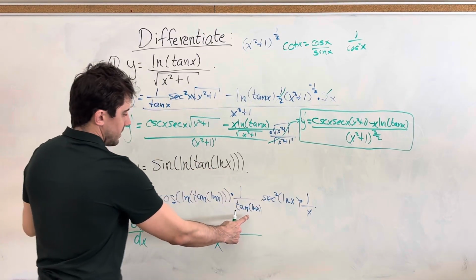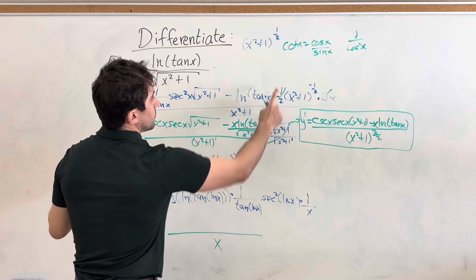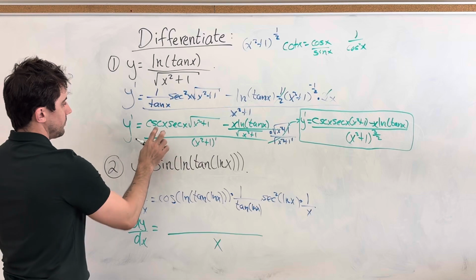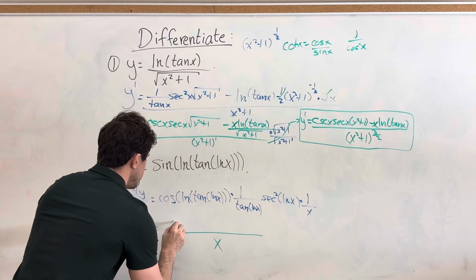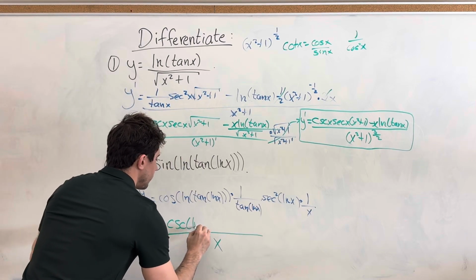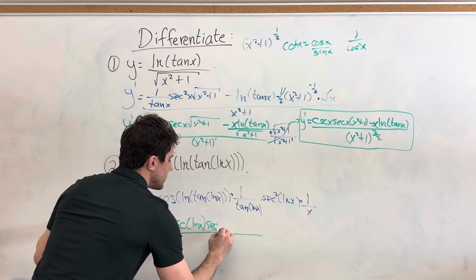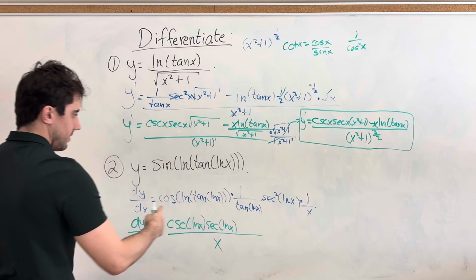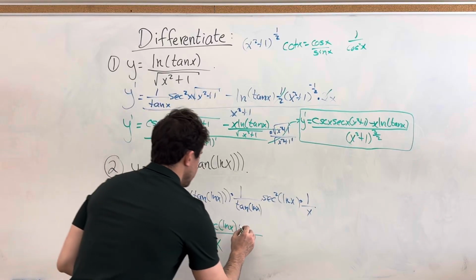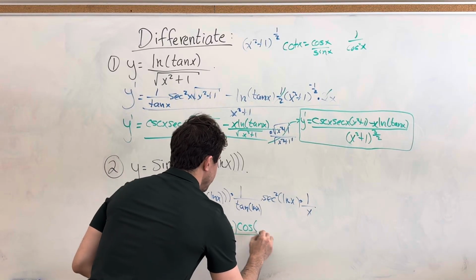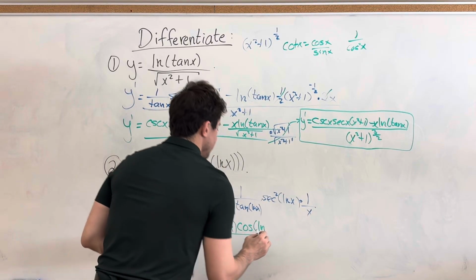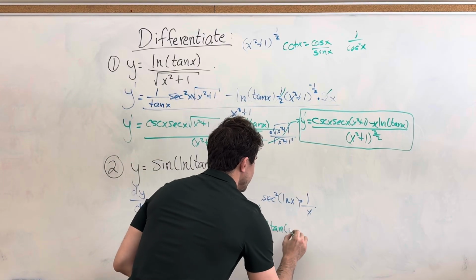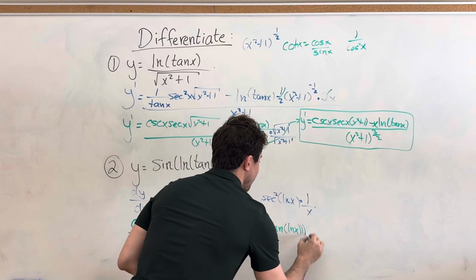And so we'll have, this will be again cosecant times secant. So we'll have cosecant ln x times secant ln x times this ordeal times the cos of the ln of the tan of ln of x.